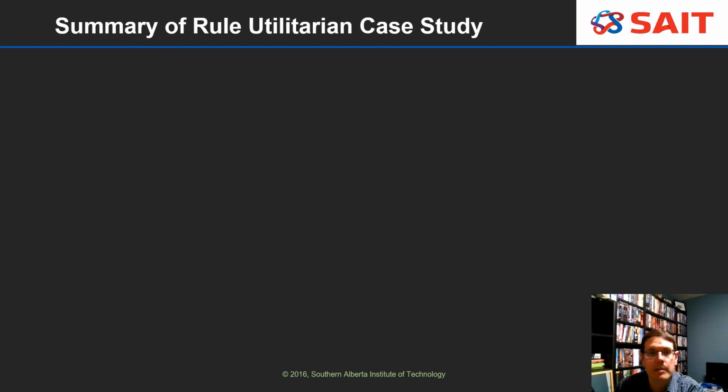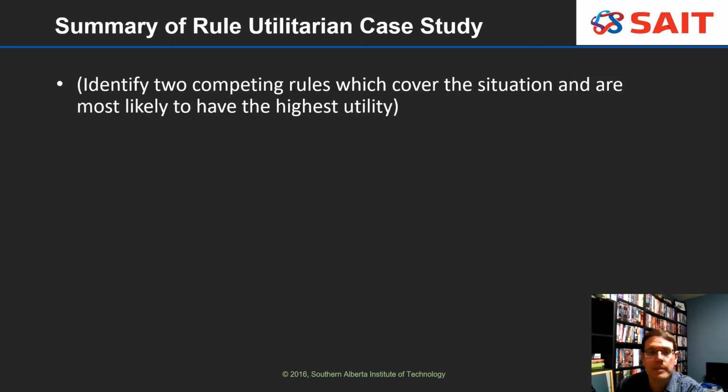To summarize the procedure for these utilitarian case studies, first, identify two competing rules which cover the situation and are most likely to have the highest utility. This applies to rule utilitarianism and not act utilitarianism, but since in life most of the decisions you make apply to a broad range of decisions, this is probably where you should start.